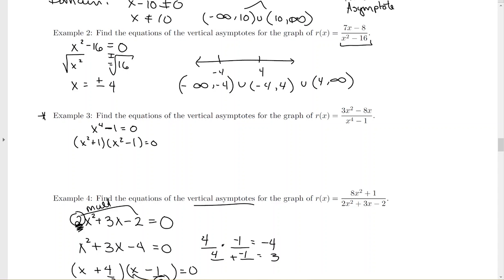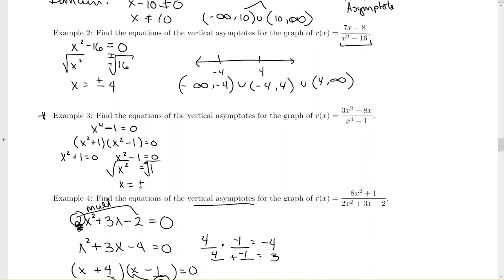All right, and then set each factor equal to 0, solve for x. So x squared plus 1 equals 0, or x squared minus 1 equals 0. Solve for x. And then again, square root means you're putting in a plus or minus.